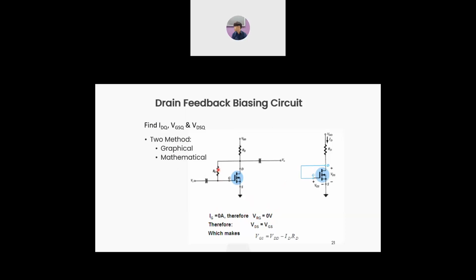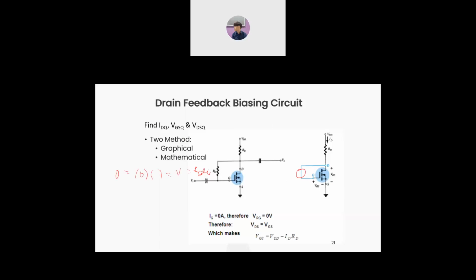VRG is IG times RG, the voltage here. Since IG equals 0, no matter what the value of RG, it becomes 0. That's why we no longer have a resistor here.